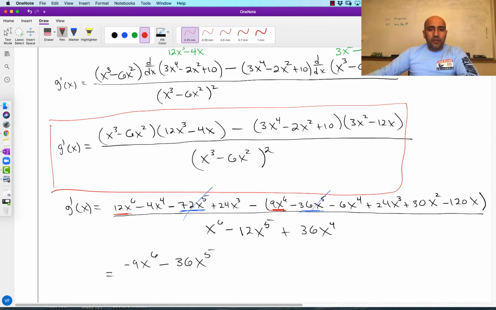Okay, x to the 4th powers, we got this term of minus 4, and then minus minus becomes plus 6. So minus 4 plus 6 becomes plus 2.